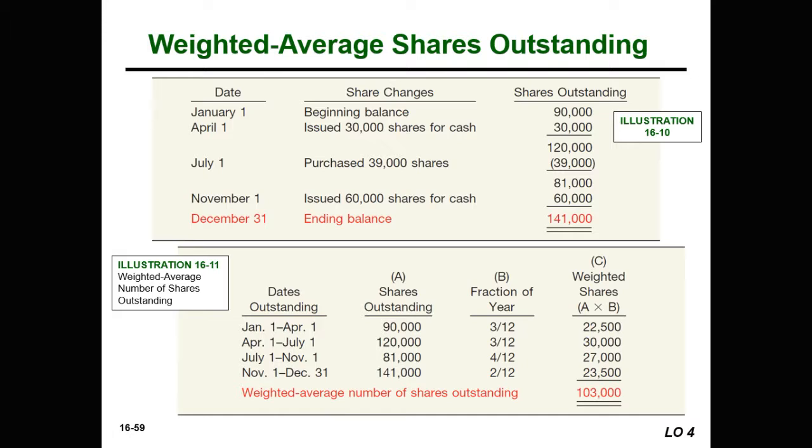That means that there were weighted shares for that period of 23,500, giving us a total weighted average number of shares throughout the year of 103,000 shares. So this is how we calculate for the number of weighted average common shares that we'll use in our EPS calculations.